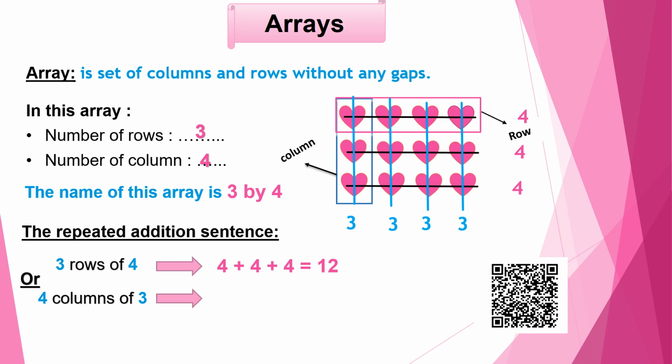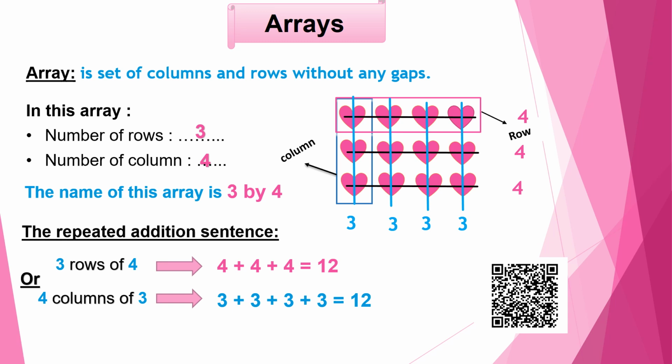So if I write the repeated addition sentence by columns, I can say 3 plus 3 plus 3 plus 3, 4 threes. I will add all of them. It also equals 12. So if I write the repeated addition sentence by rows, it will give the same number as when I write by columns.